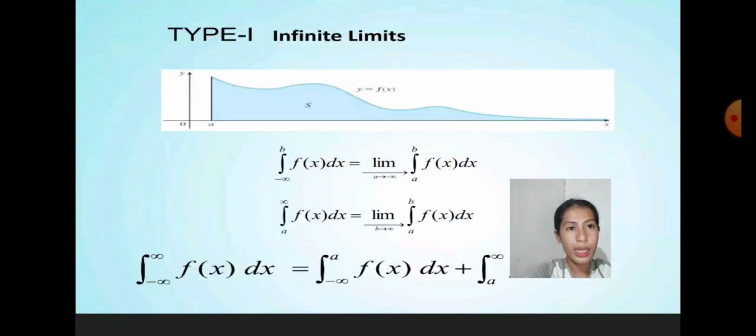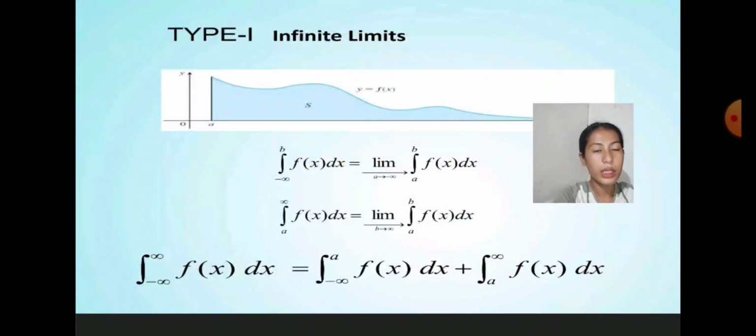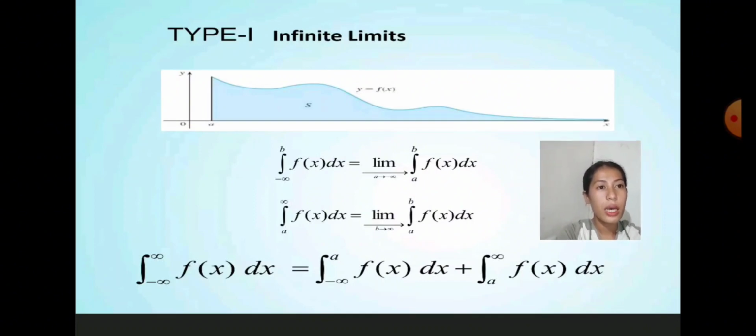So for type 1, this is the formula, and also the solution. This is the diagram, I think, and also the solution.